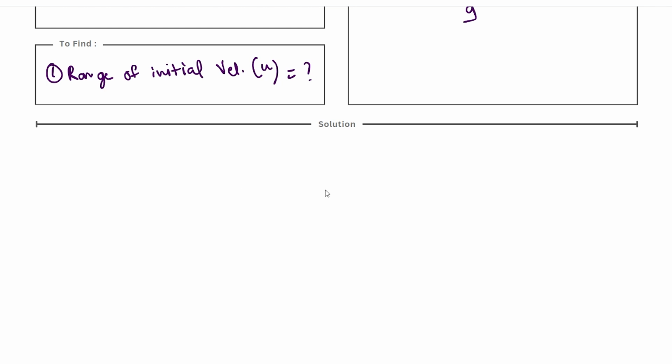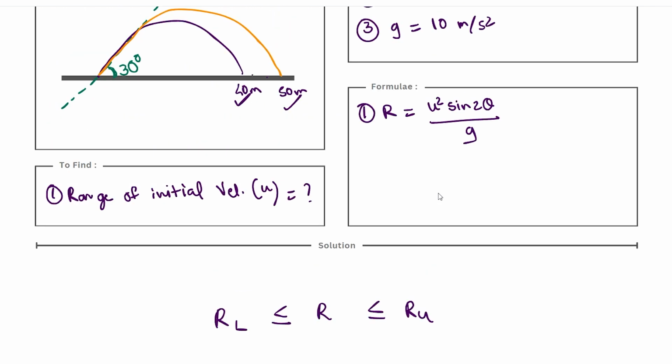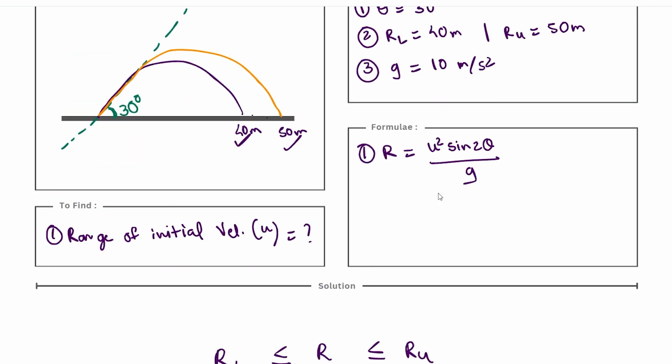Our desired range, achieved because of some velocity, has to be greater than or equal to the lower limit of our range, that is RL, and less than or equal to the upper limit of our required range, that is RU.